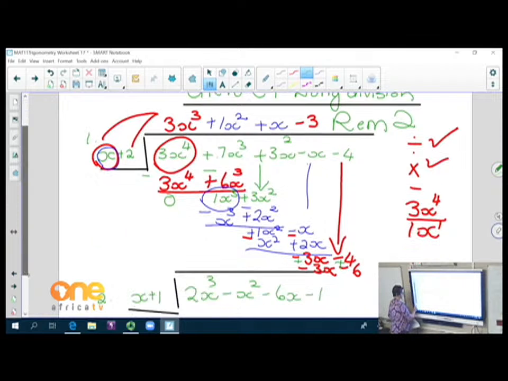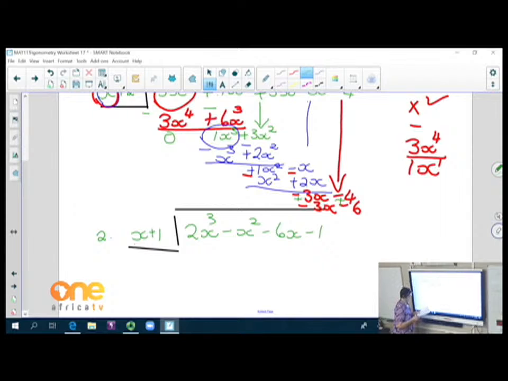Right, the next one is number B, number 2. So this was actually a nice one. So again, my steps: divide, multiply, subtract. That's what I'm going to do. So how many times will x divide into 2x to the power of 3 times? 2x squared times.